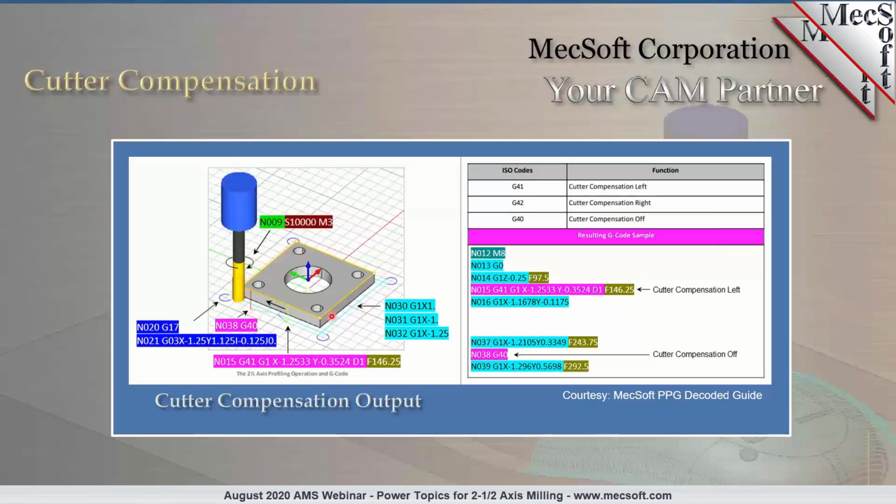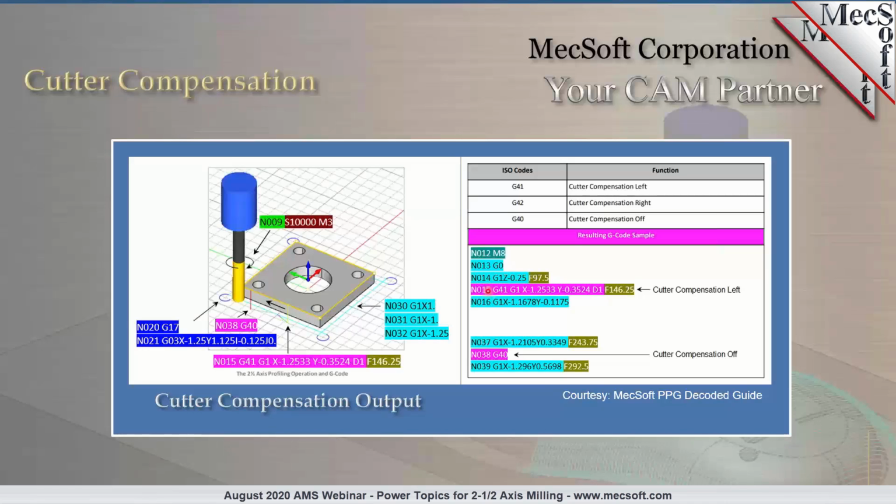And at the very end, before your departure move, it's canceling the cutter comp with a G40, and then you have your departure motion. So after the retract, before the departure move, you have a cutter compensation cancel. In this case, it's outputting comp left. If it was cutter compensation right, instead of a G41, you'd have noticed a G42 in here.